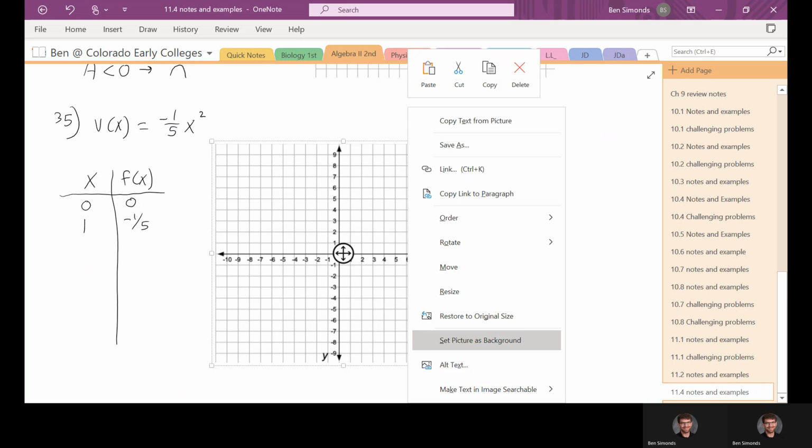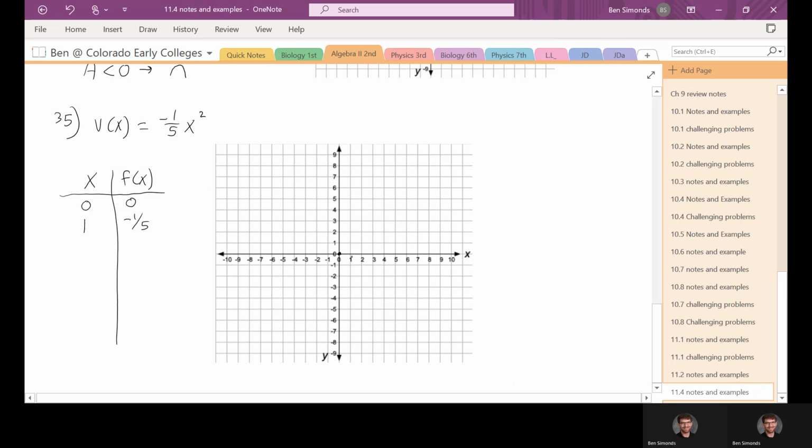Okay, let's see if this helps. Like that, maybe. So we've gone down a teeny tiny amount. All right, let's try 2. 2 squared is 4. 4 times negative 1/5 is negative 4/5. So we haven't even reached negative 1 yet.